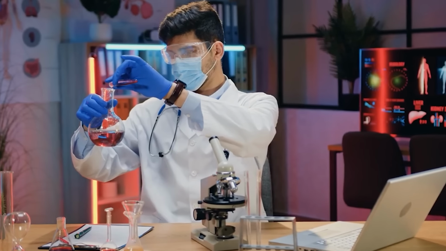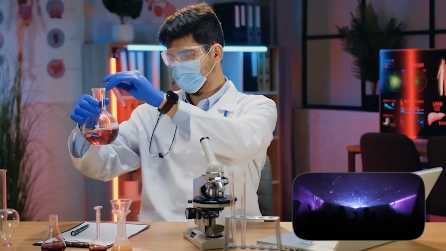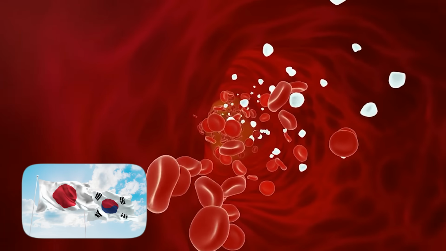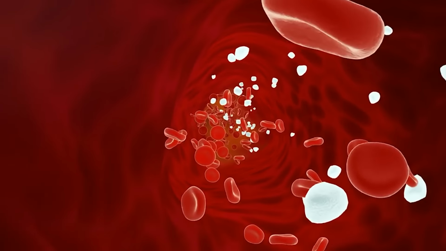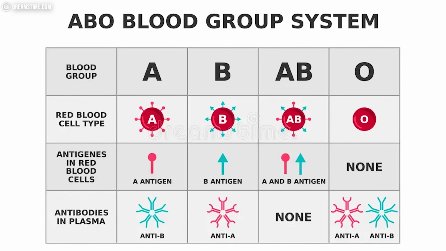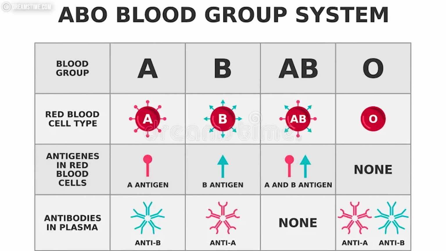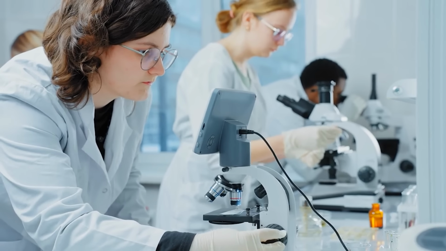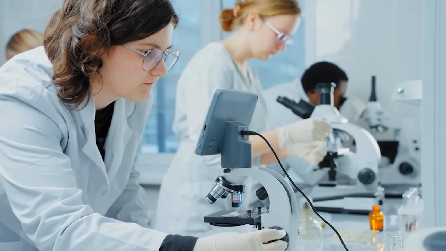Now, let's talk personality theories, because this is where science and pop culture collide. In Japan and South Korea, blood type is often treated like astrology. O types are stereotyped as confident, strong-willed, and even a little hot-headed. While fun at parties, these personality claims don't hold up in scientific studies.